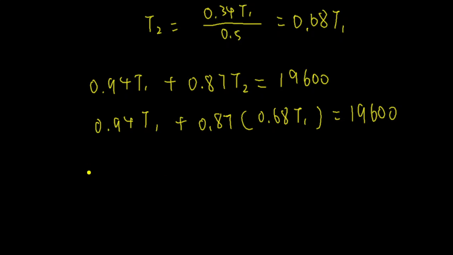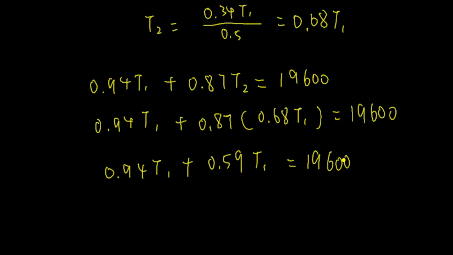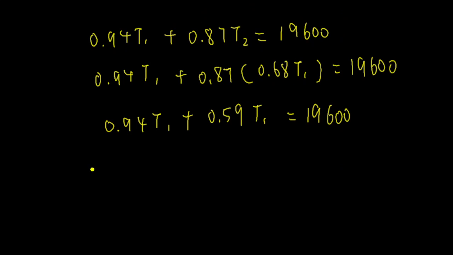Okay, so 0.94 T1 plus what is 0.87 times 0.68? It's 0.5916, but round it up to 0.59 T1 is equal to 19600. Now, you can add these two together, right?